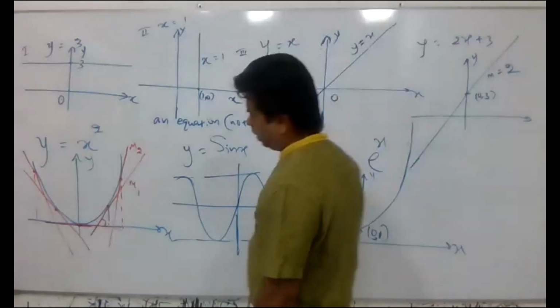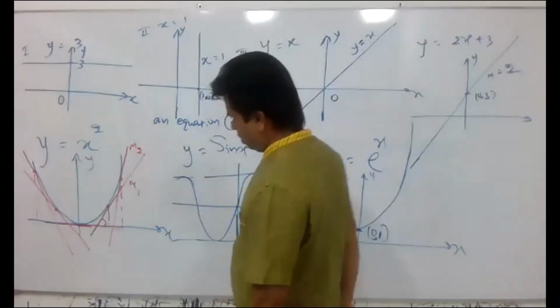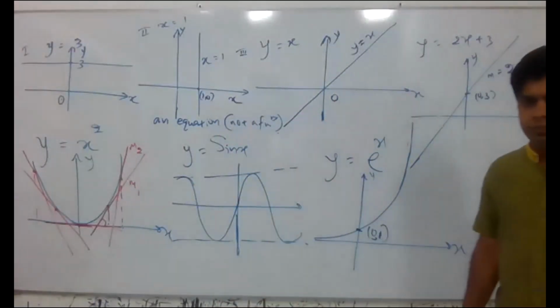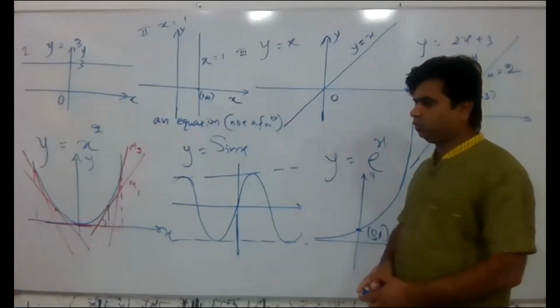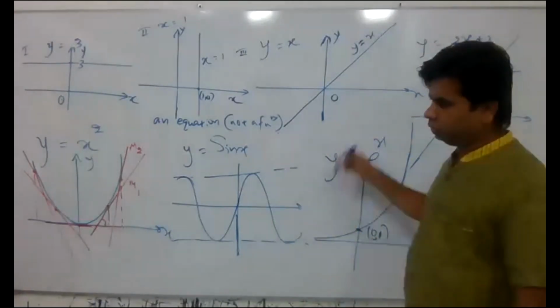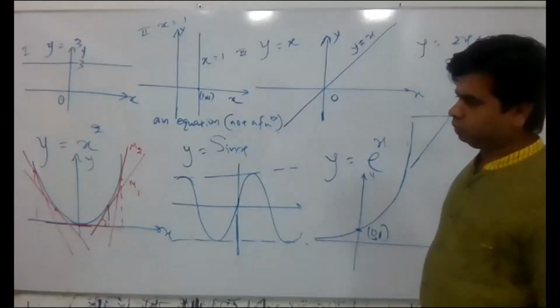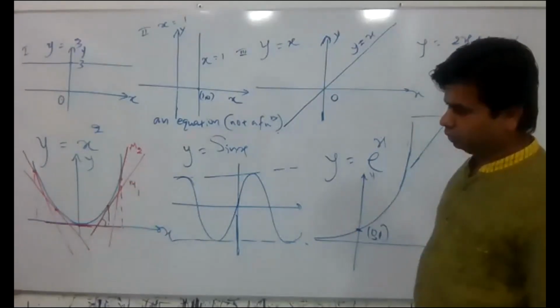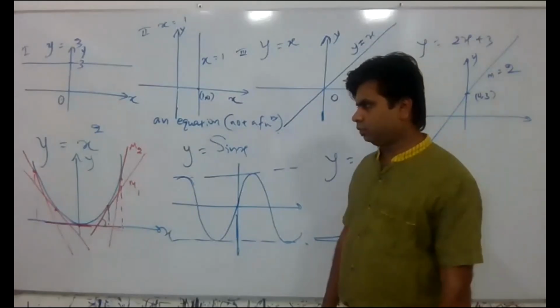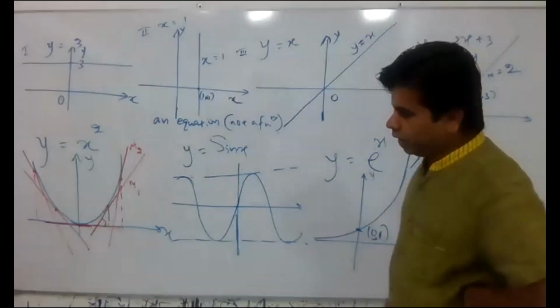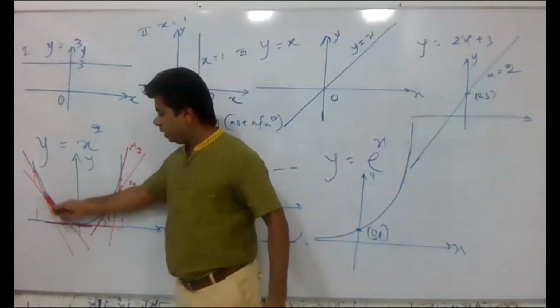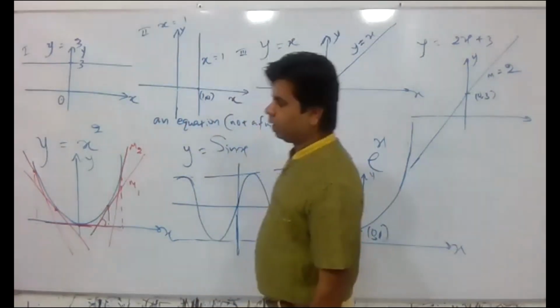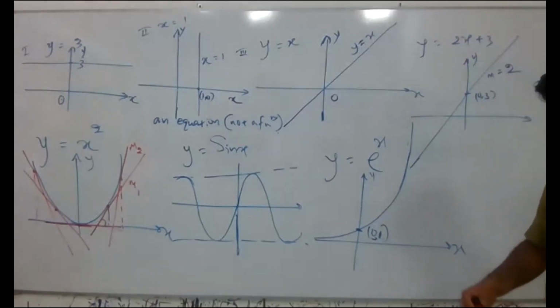Y equals x squared. I think you have drawn some randomly marked points and their tangents.